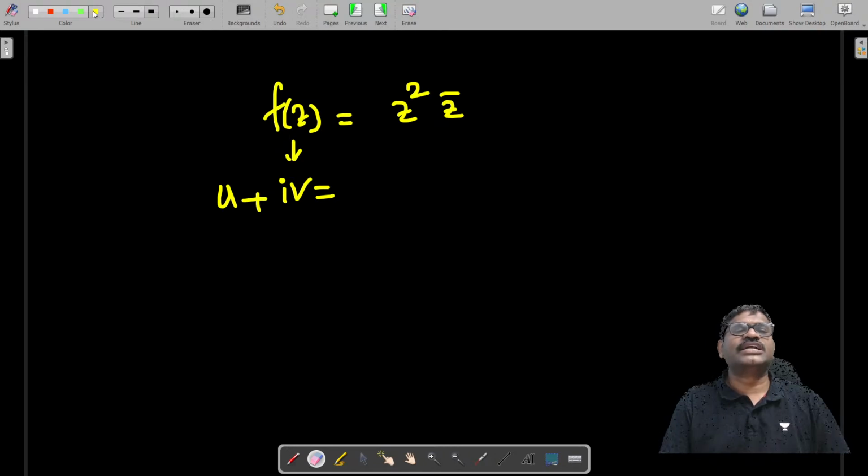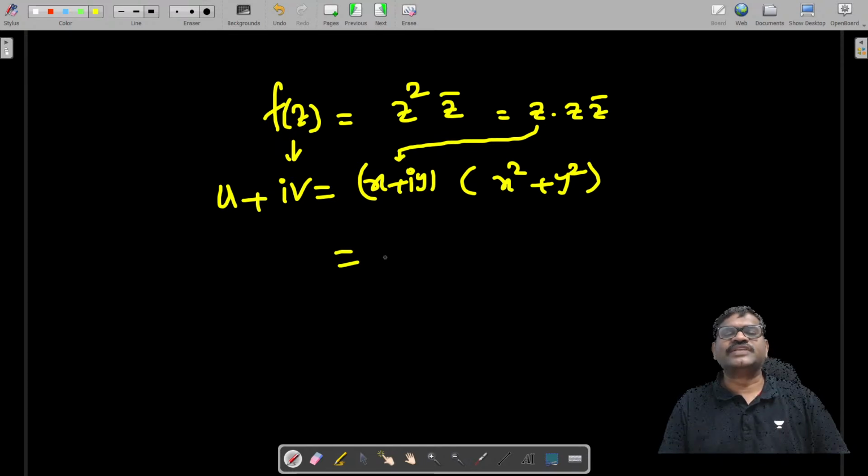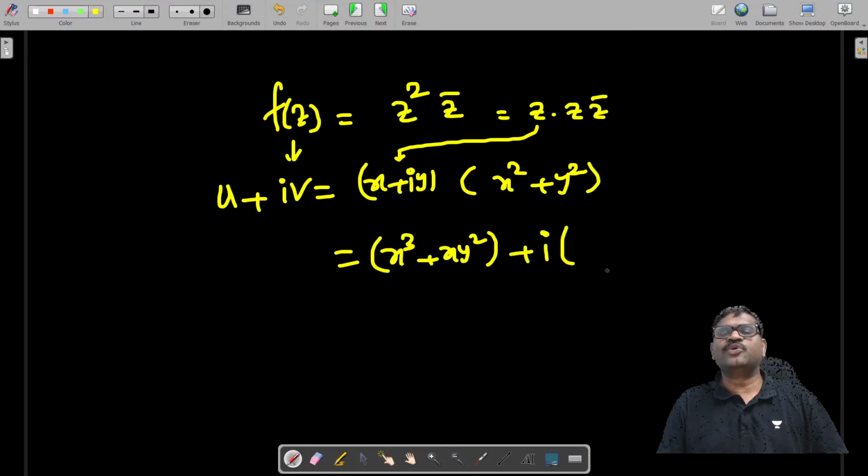You write Z square into Z bar like this: Z into Z bar. Z is X plus iY, Z bar is X minus iY, so Z Z bar is X square plus Y square. X into X square is X cube. XY square plus i into X square Y plus Y cube.